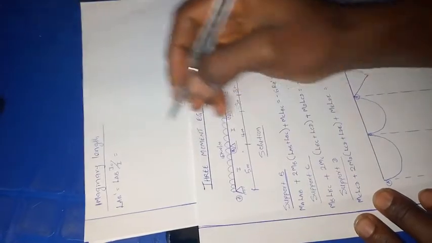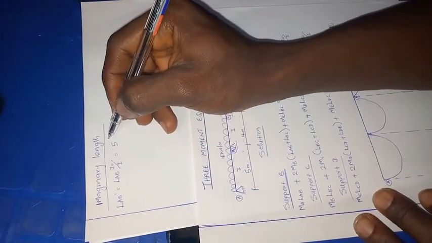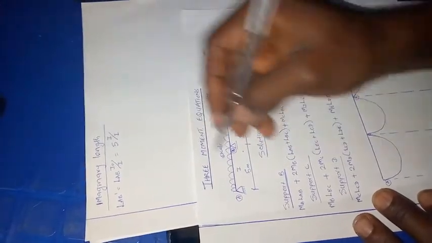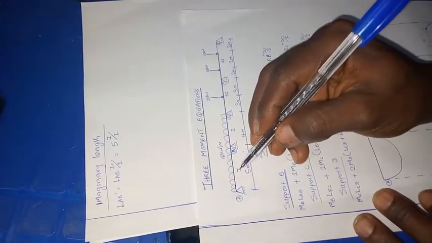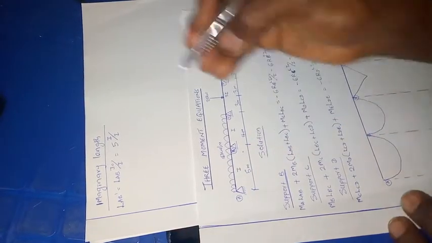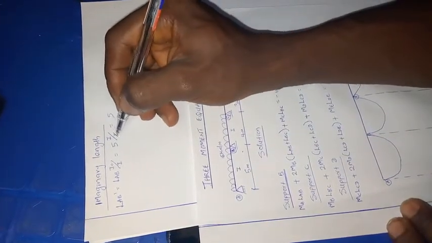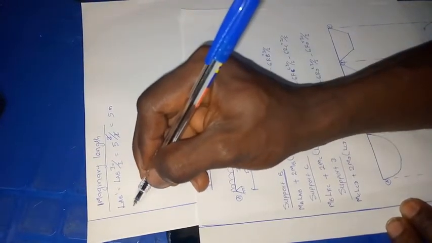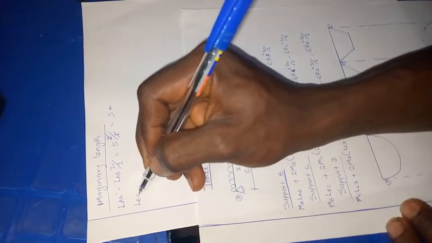So the LAB is 5 multiplied by my I naught, which is I, over I. The I beneath as a denominator is the inertia of span A to B. So this will be equal to, I can cancel out I, so I'm still having my 5 meters.